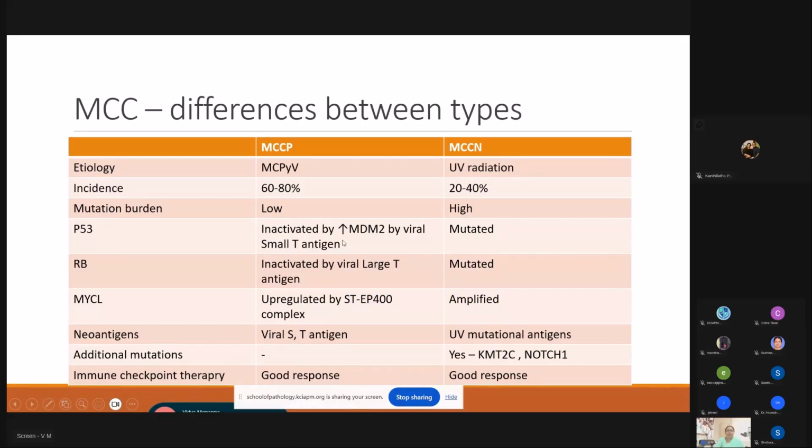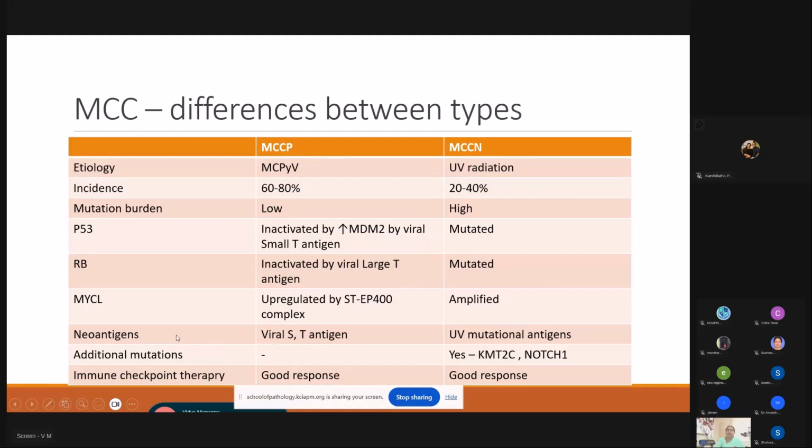P53, like I already mentioned, is inactivated here, whereas it is mutated in the MCCN pathway. RB again is inactivated, whereas it is mutated in MCCN. MYCL, because of the EP400 complex, is upregulated, whereas it is amplified in the ultraviolet pathway.